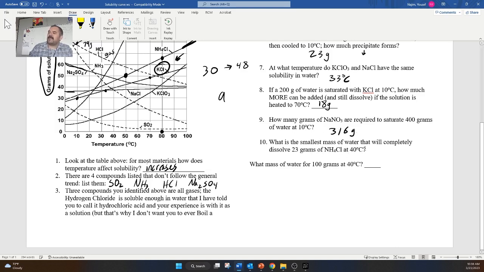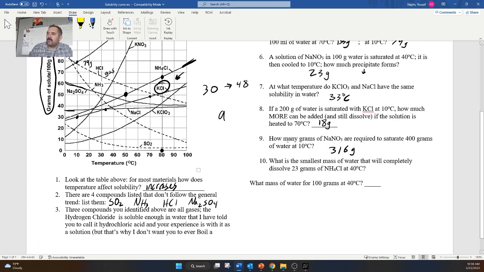What is the smallest mass of water that can completely dissolve 23 grams of NH4Cl at 40 degrees C? So we're going to look for NH4Cl. NH4Cl is right here, and we're at 40 degrees C, which means we're right here. And with 100 grams of water, we can dissolve about 46 grams. So to dissolve 23 grams, how much water do we need?